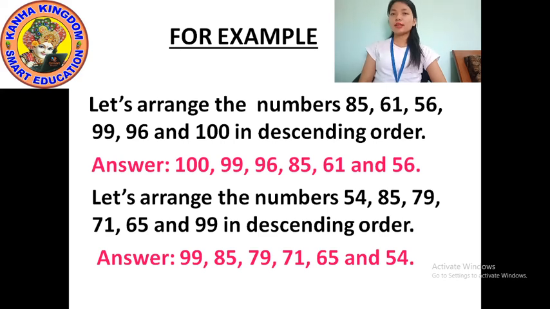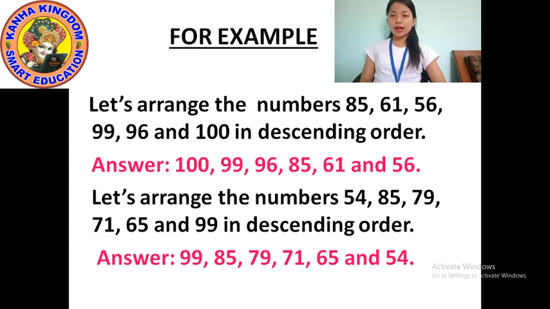After 99 which number is the biggest one? How many numbers are remaining? The remaining numbers are 54, 85, 79, 71 and 65. So 85 is the second biggest number, right? So after 85 which number will come? The remaining numbers are 54, 79, 71 and 65.